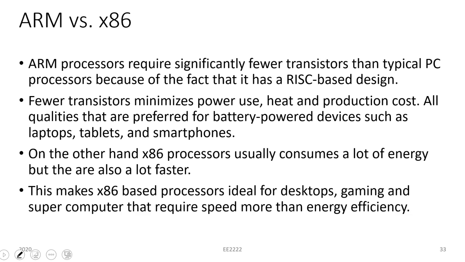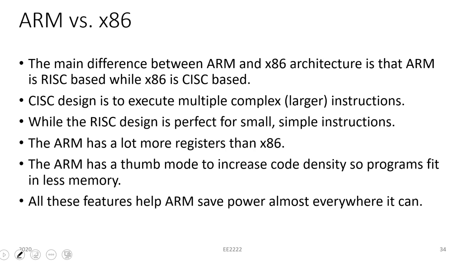So because ARM was designed from the beginning for low power applications, with the RISC design, it has always had the advantages of being low power, low heat, low cost. All these things are advantages when compared to x86, or generally the architecture that is normally prevalent in normal compute applications.